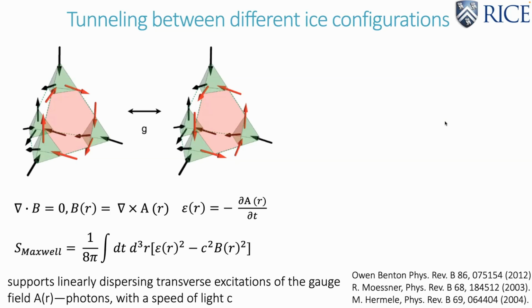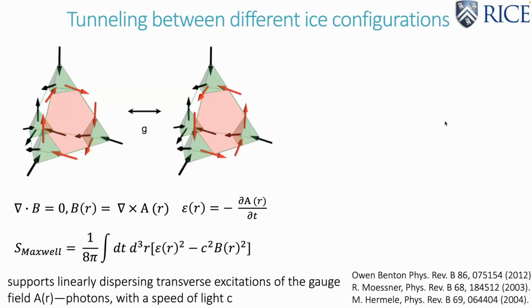If you see those two configurations in this hexagon, the left-hand side is clockwise rotation, and the right-hand side is counterclockwise rotation. Each configuration satisfies the 2-in 2-out on each tetrahedron, but if you flip the whole hexagon, you still satisfy the 2-in 2-out configuration on each tetrahedron.